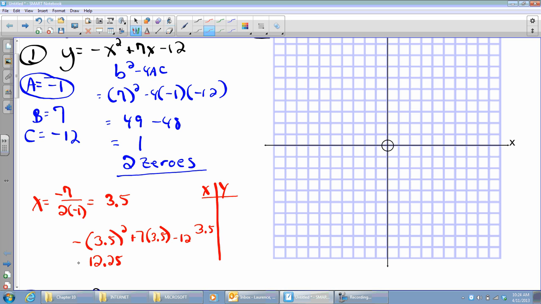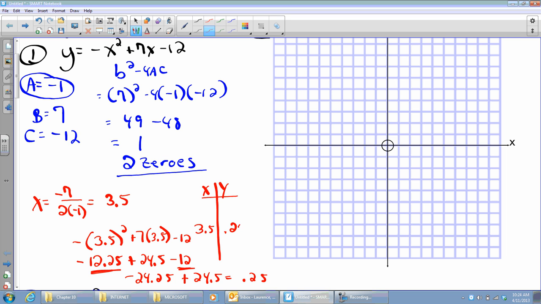And that'll be a positive 24.5 minus 12. Now look at this. I've got this negative and this negative. It's going to make -12.25, and then a positive 24.5, minus 12. Well, isn't that just going to be a positive quarter?